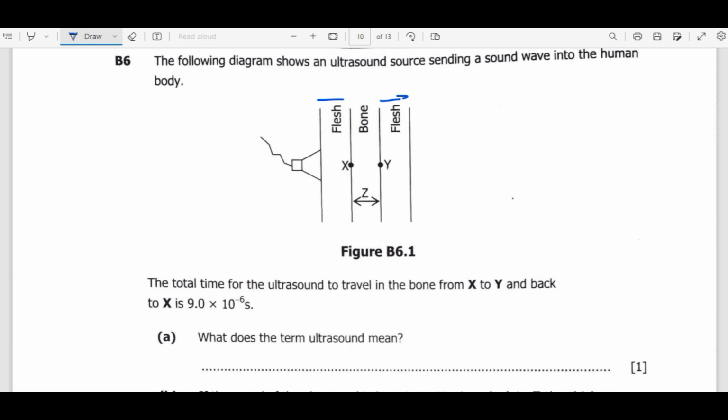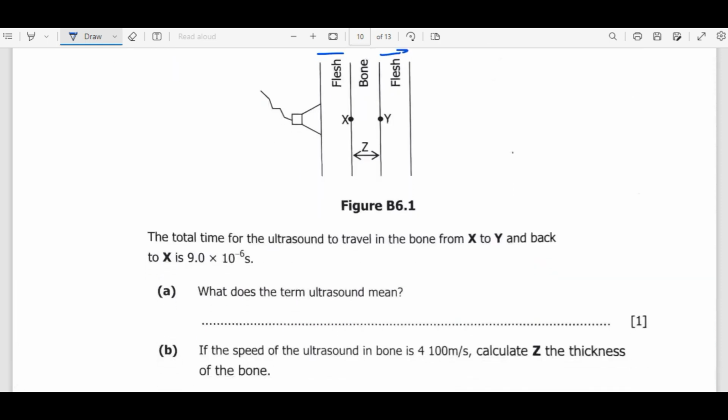Then question A, what does the term ultrasound mean? So if you look at the human audible range, it is given from 20 up to 20,000 Hz. Sound with frequency less than 20 is called infrasound. Then the one above 20,000 is called ultrasound.